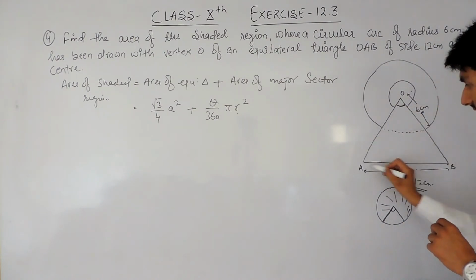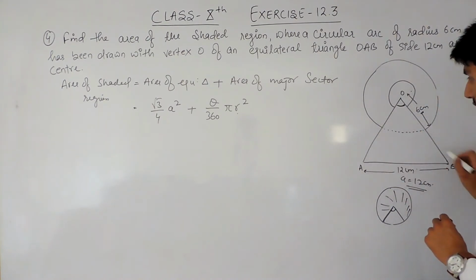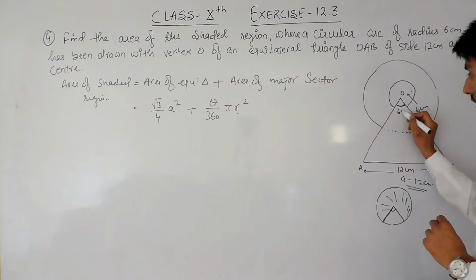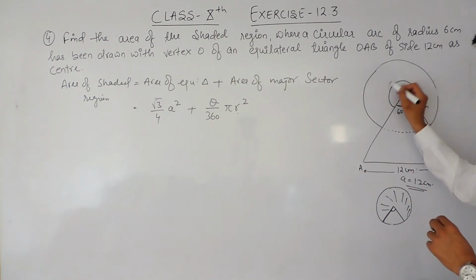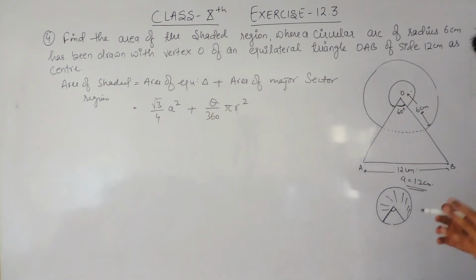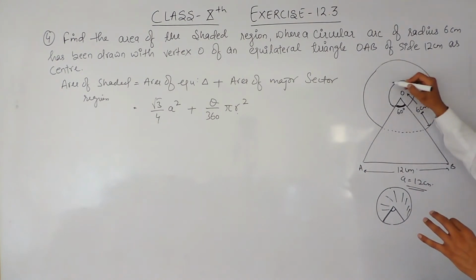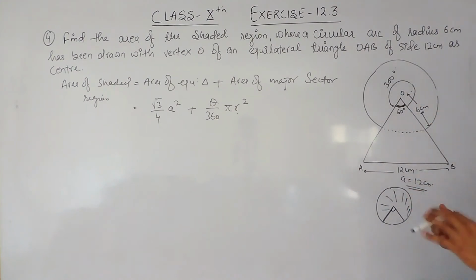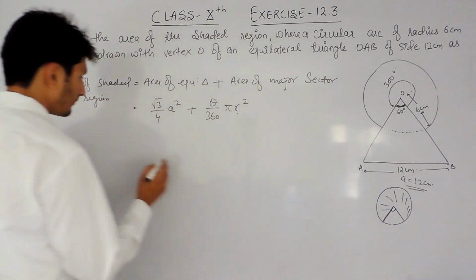Because this is an equilateral triangle, all three angles are 60 degrees. That means the complete angle at a point is 360 degrees, out of which this is 60 degrees. That means the remaining angle will be 300 degrees. So this will be the only difference here.